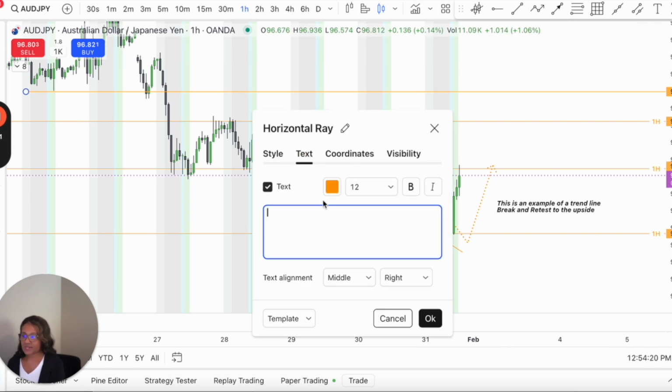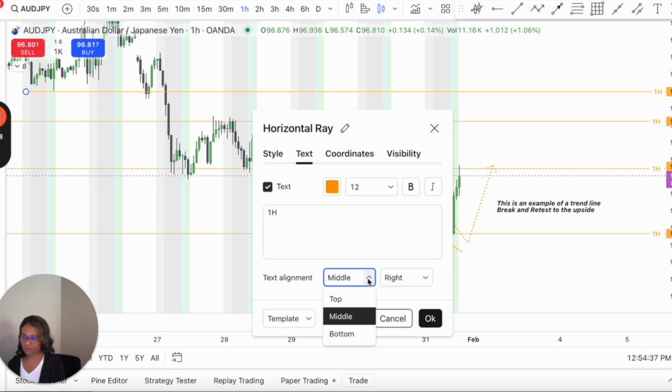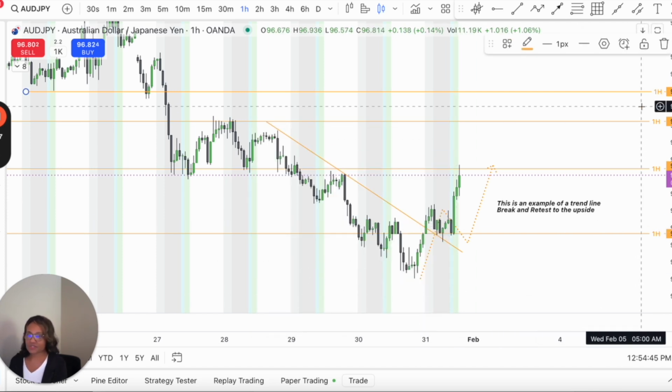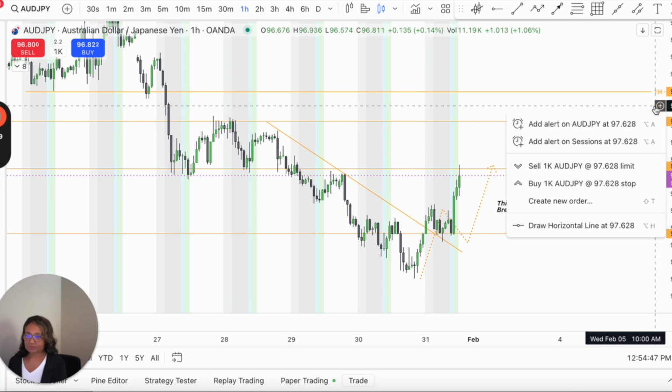So we click on the text button and put in 1 hour. I'd like this to be in the middle of our line, which is what I have here. There are other options too, if you want to put it on the top, middle, or bottom of the line, or on the right, left, or center, but I'm going to choose the middle right and click OK. And there it is, my 1 hour.